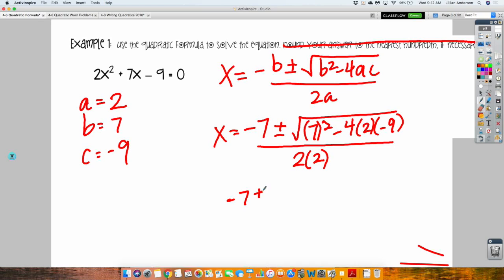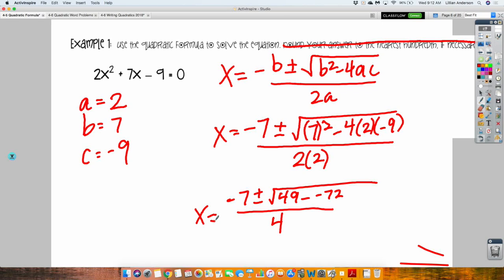What is 7 squared? 49 minus, what's 4 times 2 times negative 9? Negative 72. Now, that's a negative 72, it's a minus negative 72. All over, what's 2 times 2? 4.